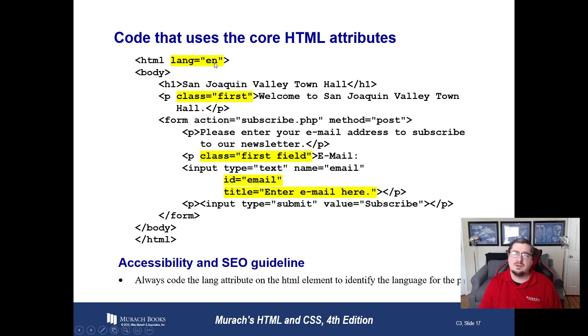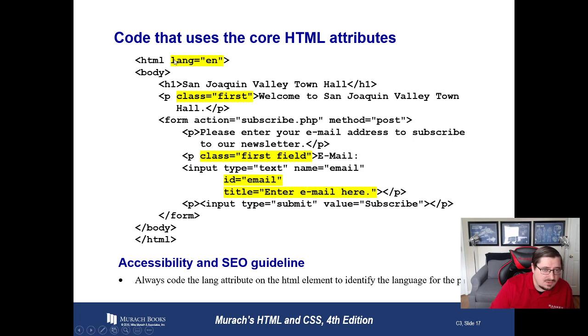For Spanish, I think it's es for Espanol. So you just have to look up what that character code is. I think Japanese is ja, etc. Every language has its own language code, but typically you want to set this to en for any of these English pages that we create, just for usability's sake.